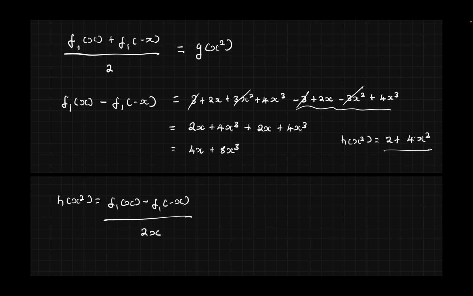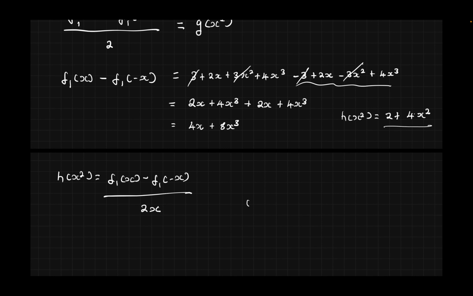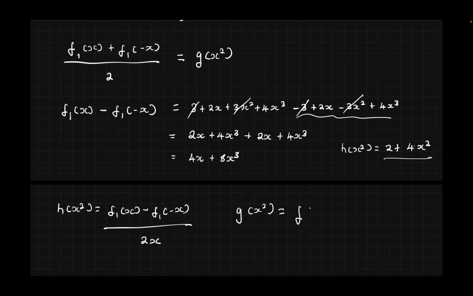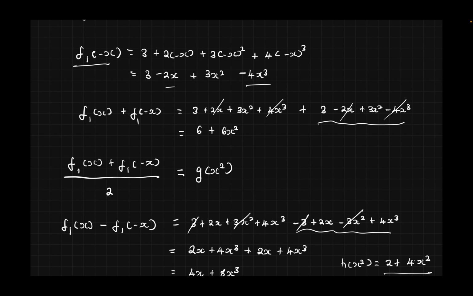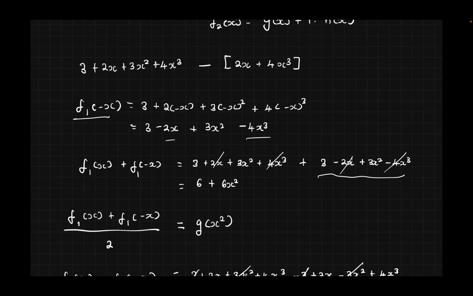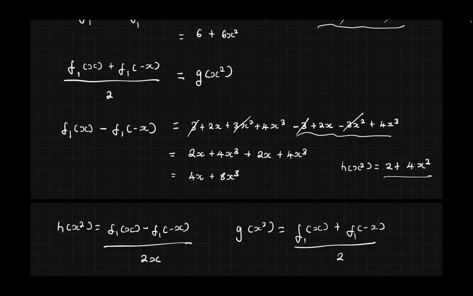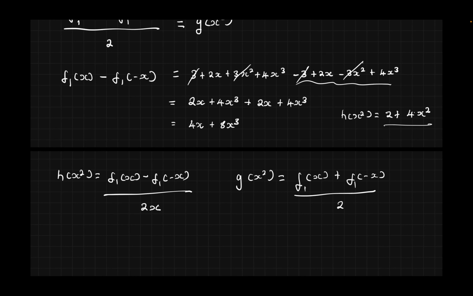Okay? So, and our g of x squared is what? So that means that we can rewrite our f1, or we can rewrite our f2.